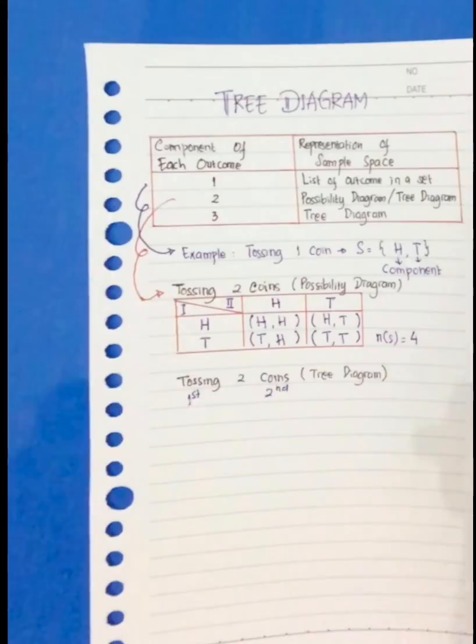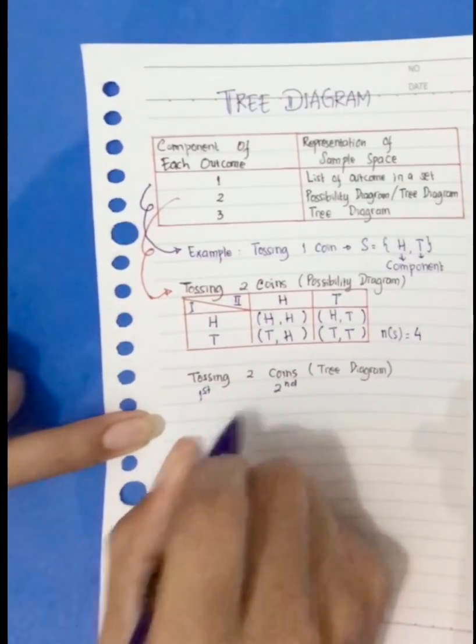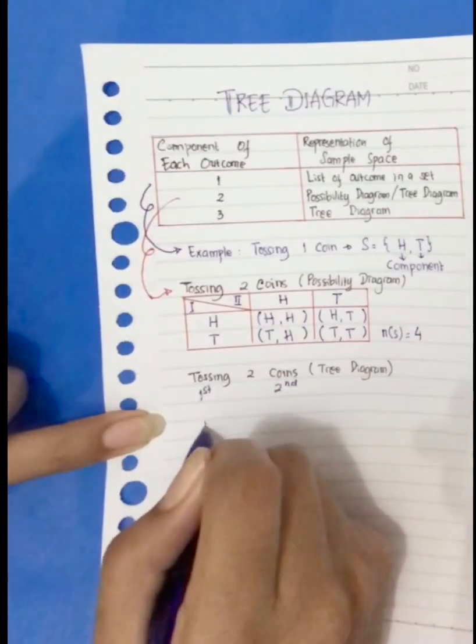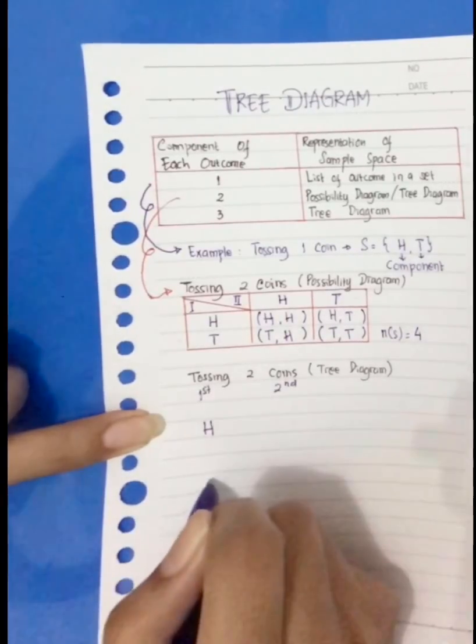Just write it on the top here. For the first coin, what is the possible outcome? Because it is a coin, of course, it can be head or tail.